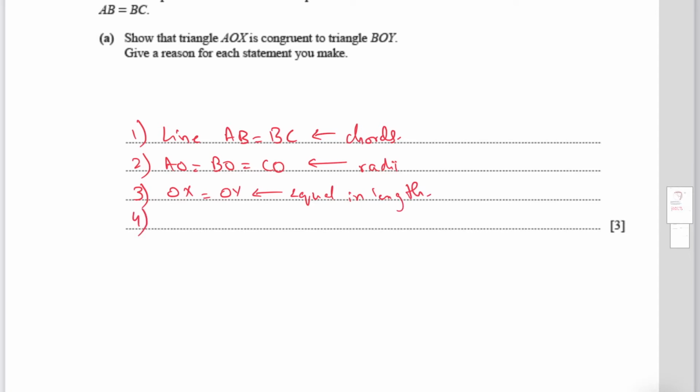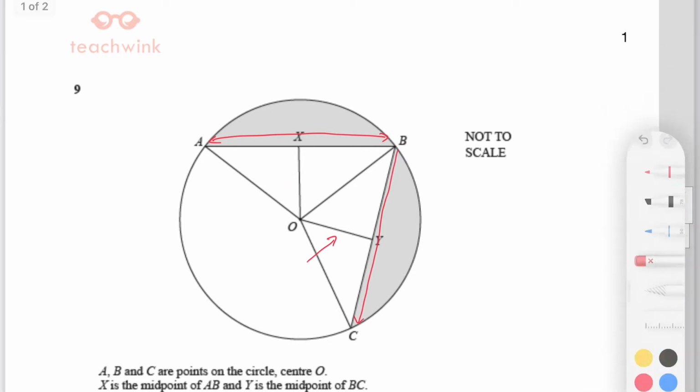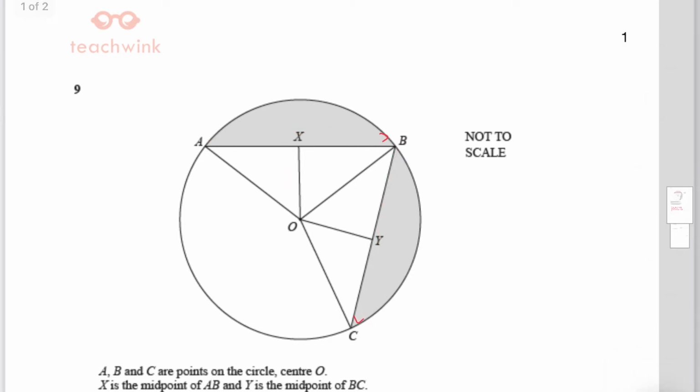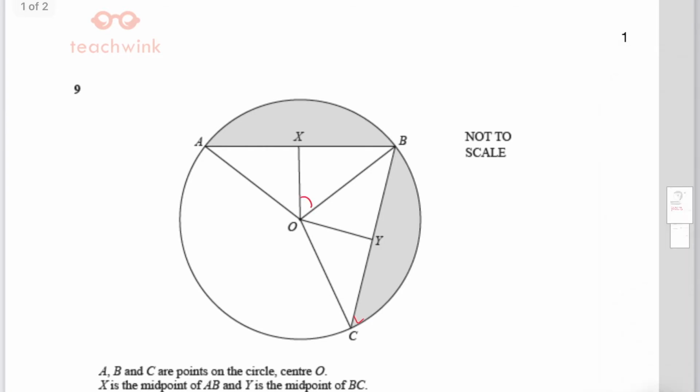Let's write another statement. If you look at the angles of these triangles closely, since the lengths of these triangles are all the same, the angles are supposed to be the same as well. So angle AOB or angle BOC is going to be the same, or we can also say that angle BXO is going to be 90.